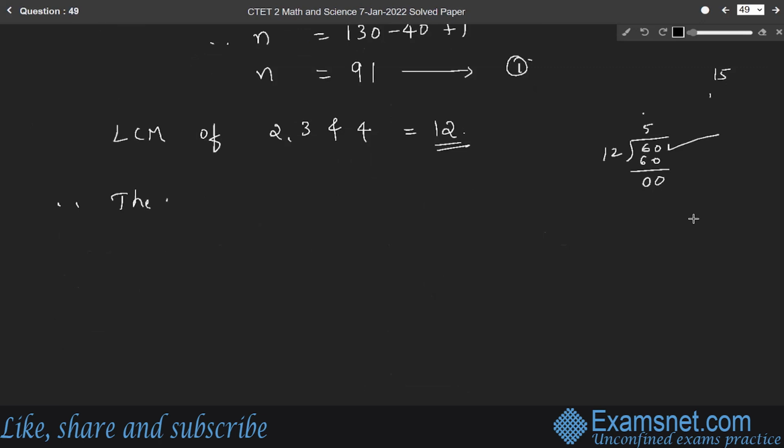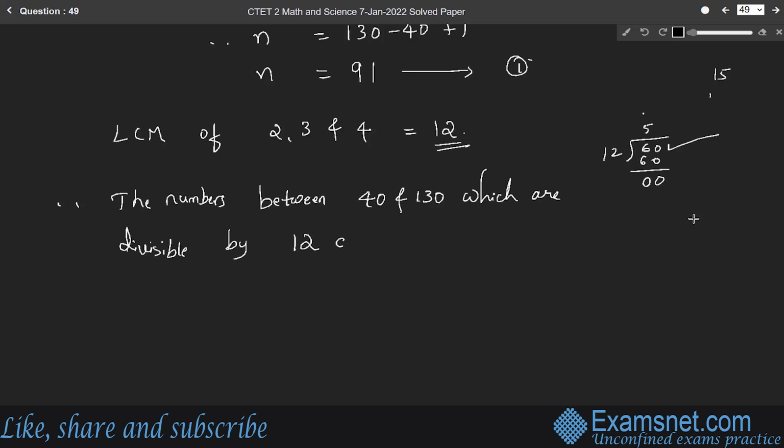Therefore, the numbers between 40 and 130 which are divisible by 12, what are the numbers? 48, 60, 72, 84, 96, 108 and 120.